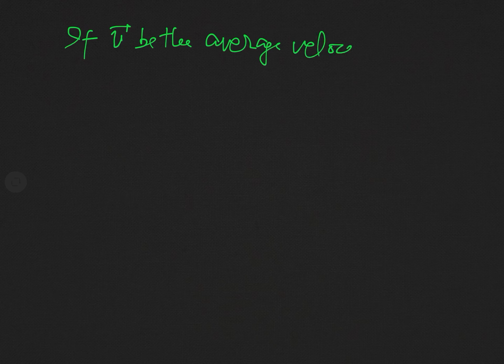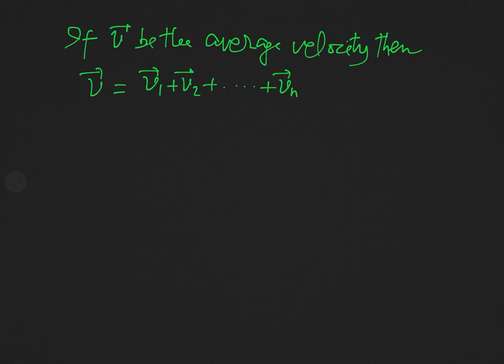So if V is the average velocity, then this V will be equal to (V1 plus V2 plus so on plus Vn) divided by n.